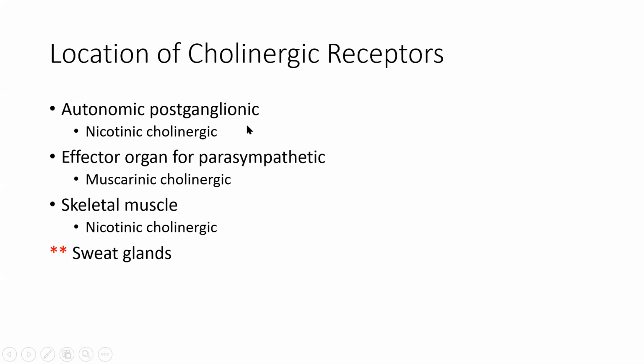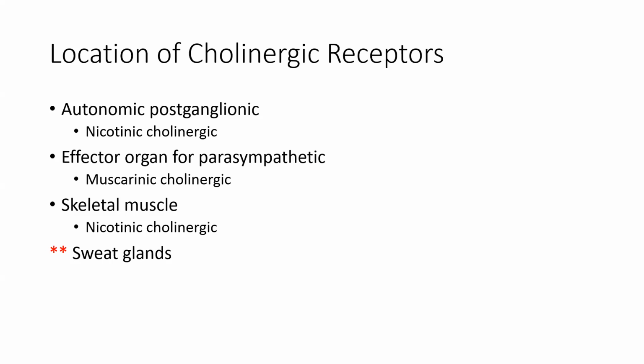And that makes sense because if all the preganglionic neurons are releasing acetylcholine, then all the postganglionic neurons must have cholinergic nicotinic receptors in order to bind that acetylcholine. The effector organs for the parasympathetic system all have muscarinic cholinergic receptors.